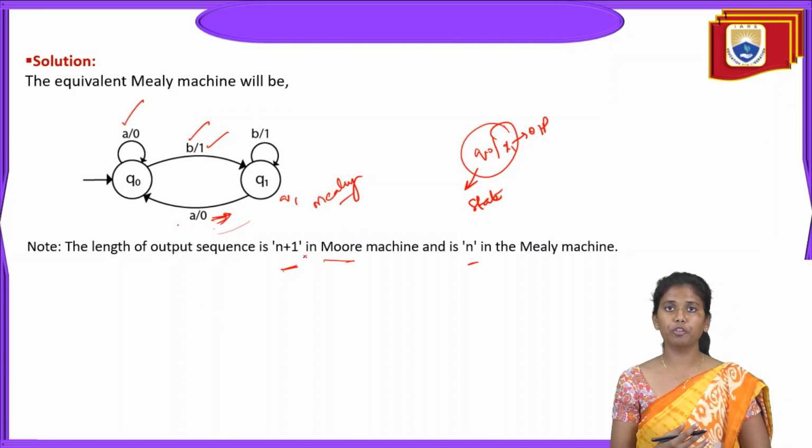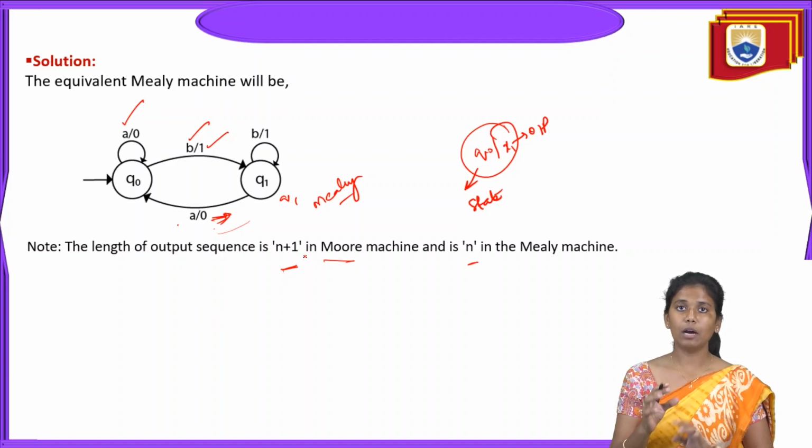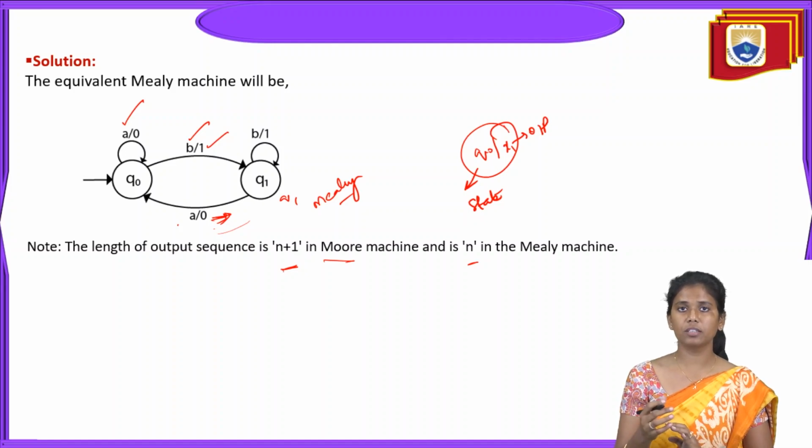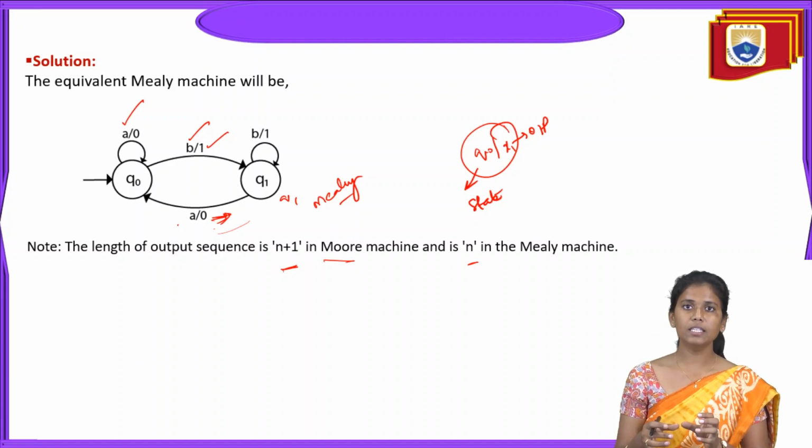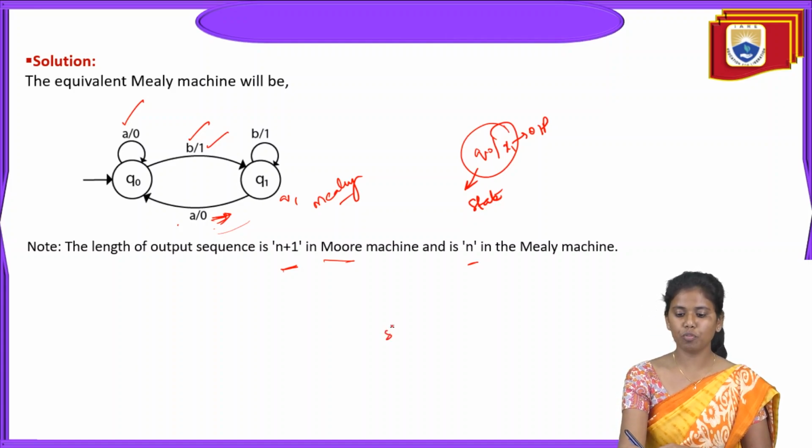From the exam point of view, if you come across how to convert or transit the states from Moore to Mealy, the best thing is to write down what a Moore machine is and what a Mealy machine is. Then there are 3 steps to follow.